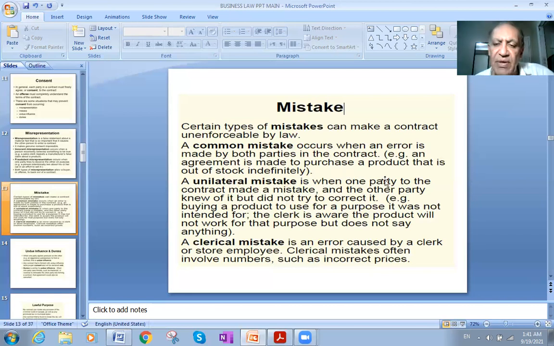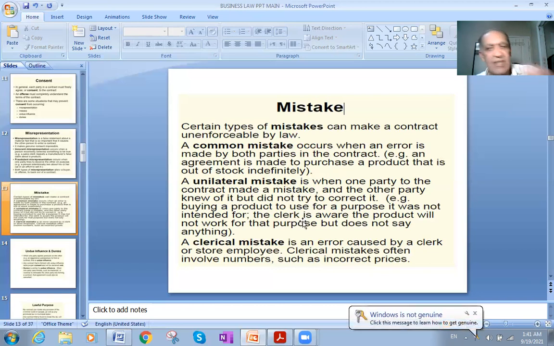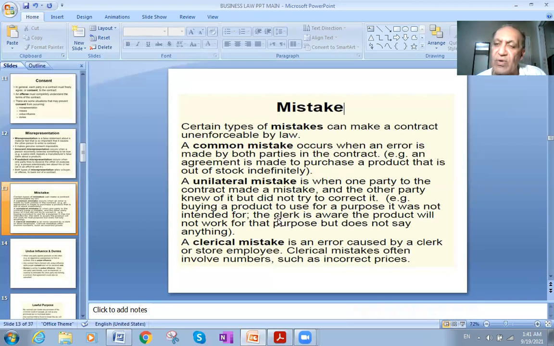Again, when one party to the contract made a mistake and the other party knew of it, but did not try to correct it. He didn't tell him, hey, the product which you want to buy is not for the purpose which you need, you can take this one instead. He didn't say like this. He just passed it over and that's it. This is unilateral mistake.